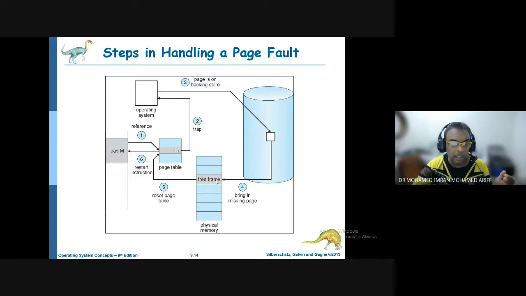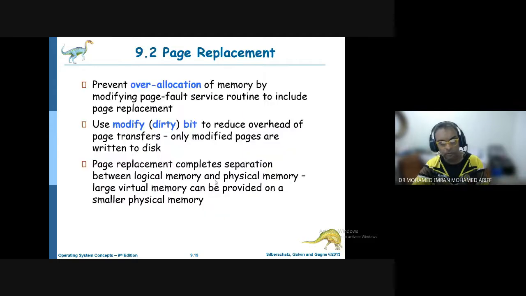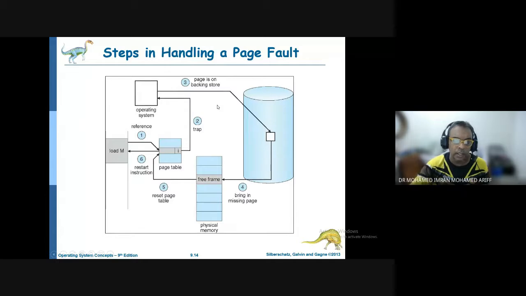Or maybe it will put it at a frame which is not going to be utilized anymore. Or maybe at the last possible place. So there are a few options or algorithms to be followed. That is what we call page replacement. Page replacement is to prevent over-allocation of memory by modifying page fault handling. Over-allocation means you put more than what is required.